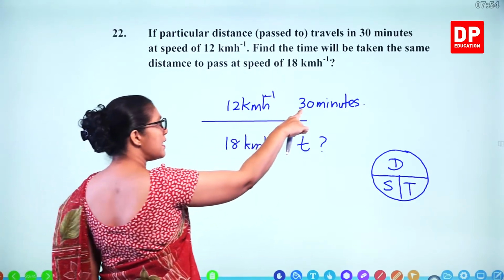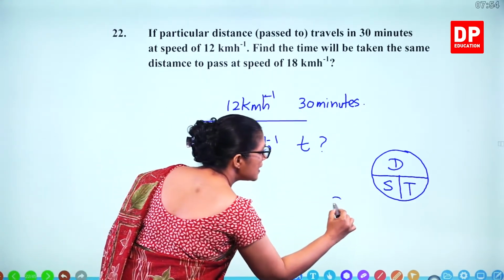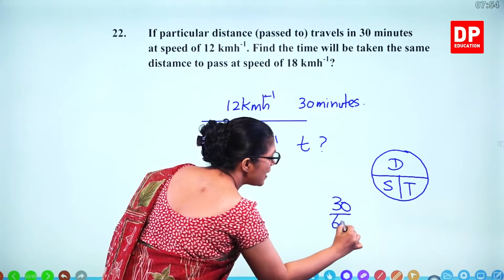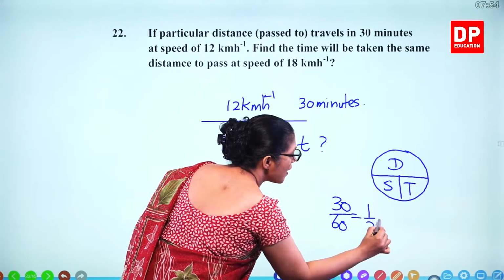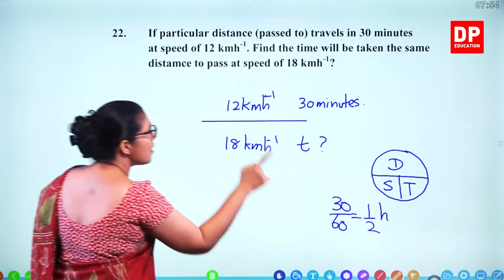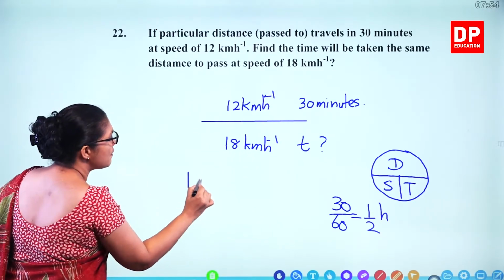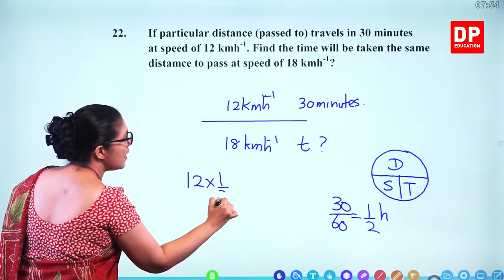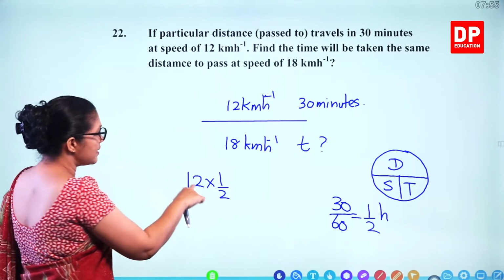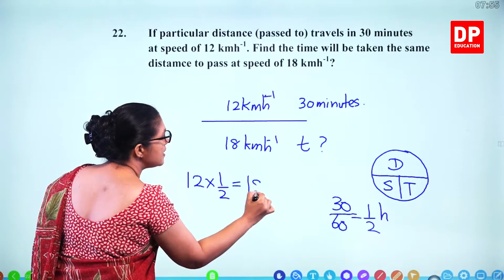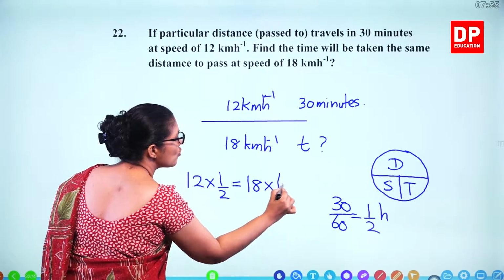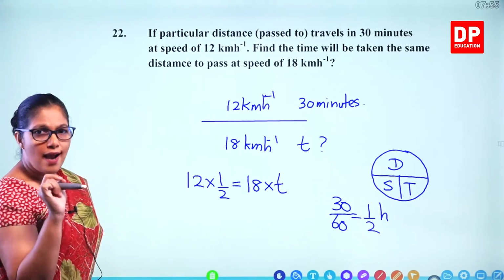So 30 minutes, how many hours? 30 minutes means divide by 60, that's half an hour. Now you can do the calculation. 12 times half is the distance. That is equal to 18 times t. So t you are getting in hours.